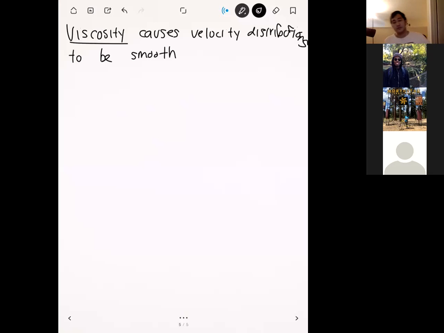Probably you've heard about viscosity a lot in your fluid mechanics class, but intuitively, remember that viscosity acts almost like friction for fluids.